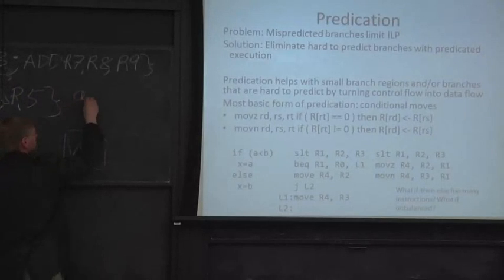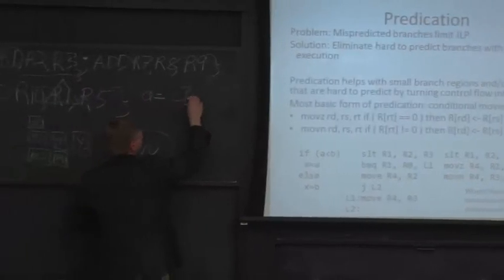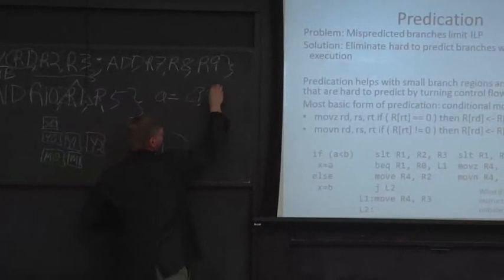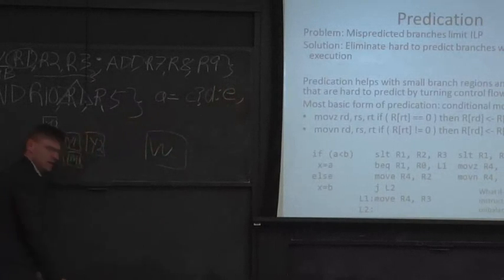If we have A equals C ? D : E; what does this do?